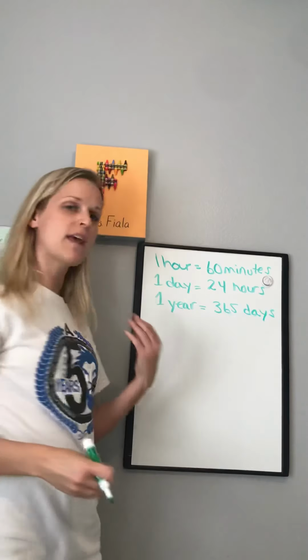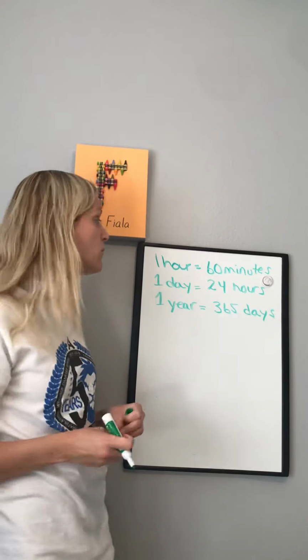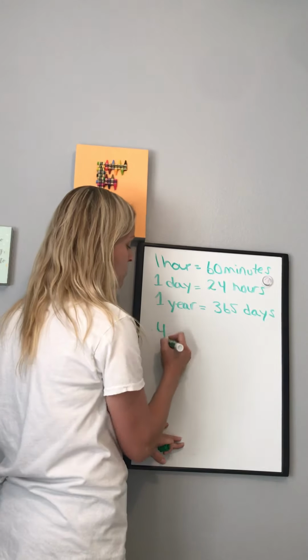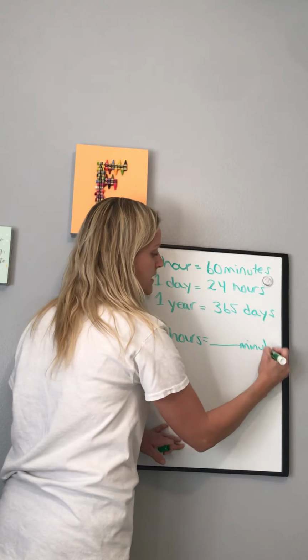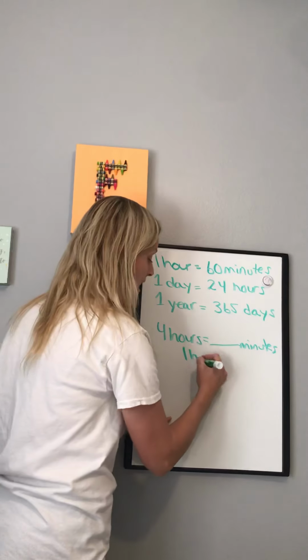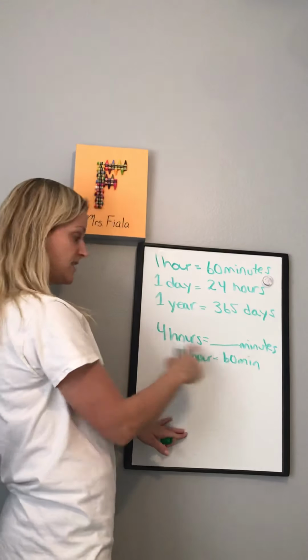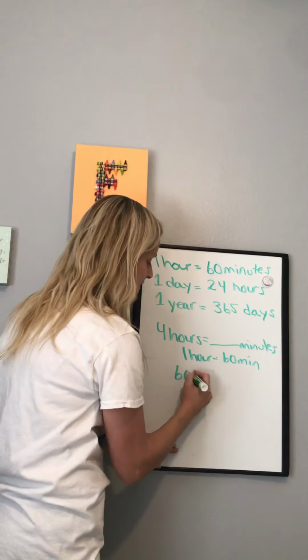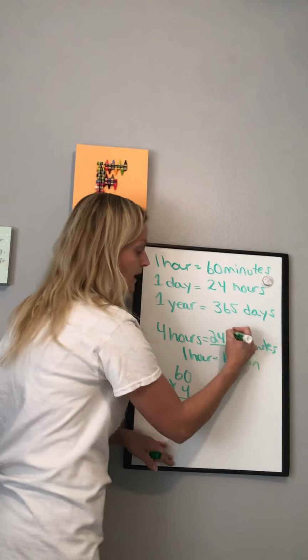This is all information that we know, so we can convert our time as well. Maybe we want to go from hours to minutes. If I did something for 4 hours, well, how many minutes is that? How many minutes did I spend on my work? Okay, same steps. Write down what you already know. 1 hour is 60 minutes. So now I have to multiply 60 times 4. And 60 times 4 gives me 240 minutes.